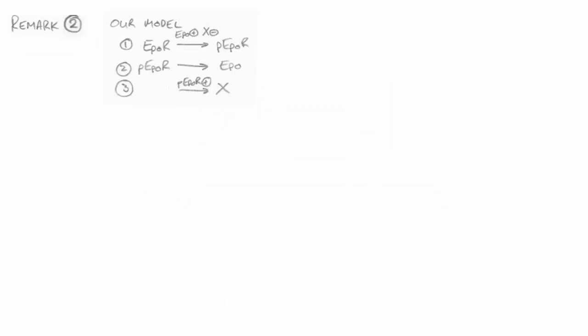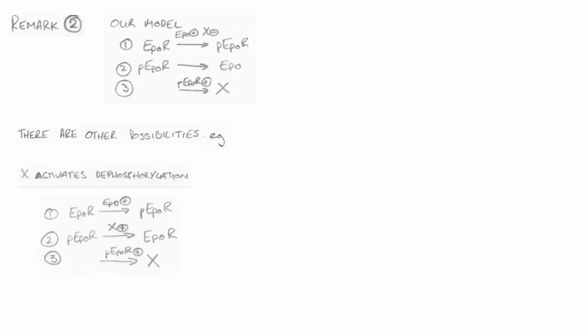Our second remark is the fact that our model is based on the following 3 processes, but there are other ways to get the same kind of behaviour and match the experimental data. For instance, instead of X inhibiting phosphorylation of receptors, we could have X activating the dephosphorylation process. So those reactions would look like that.